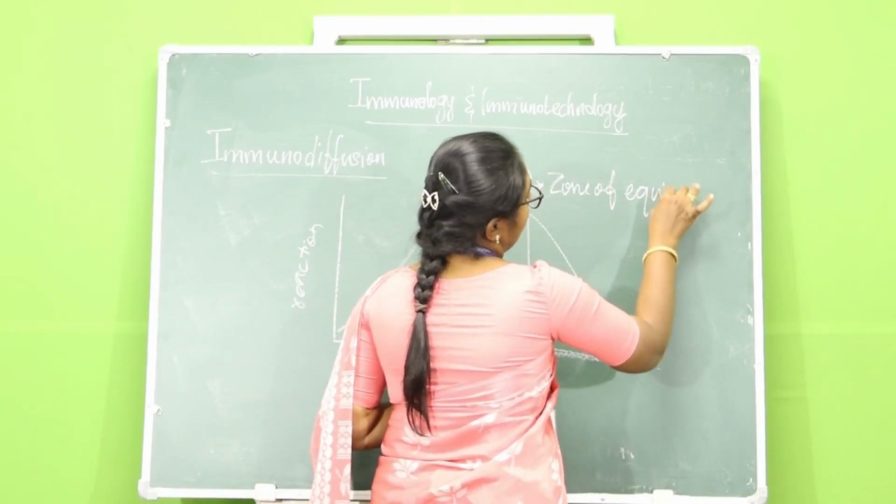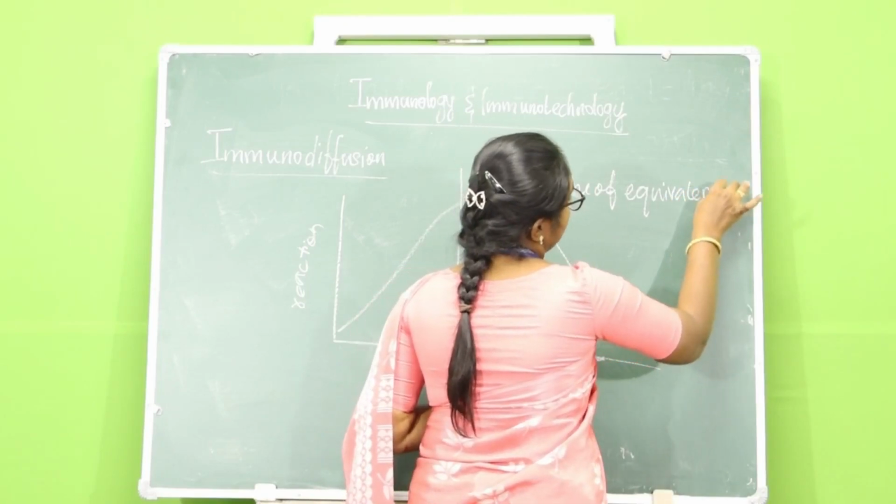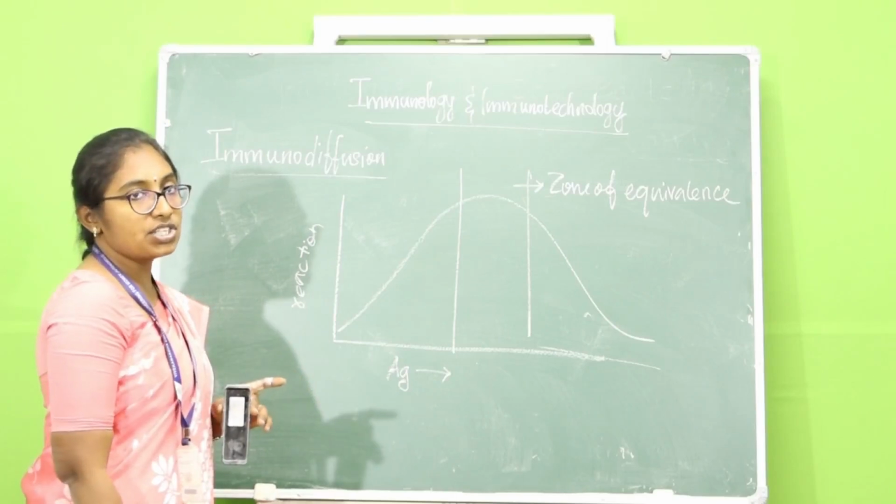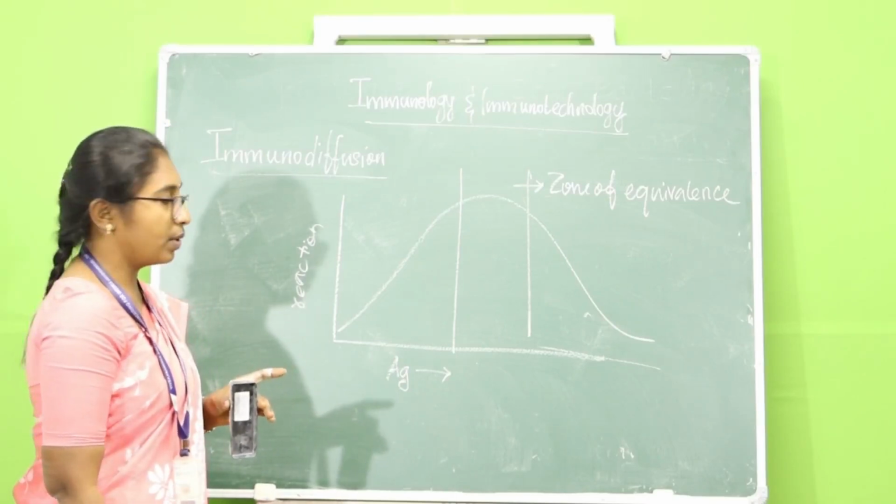This is the point where the antigen and antibody concentration is optimal. They react with each other and form the zone of equivalence.